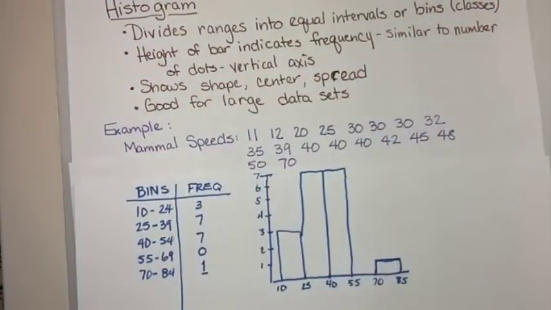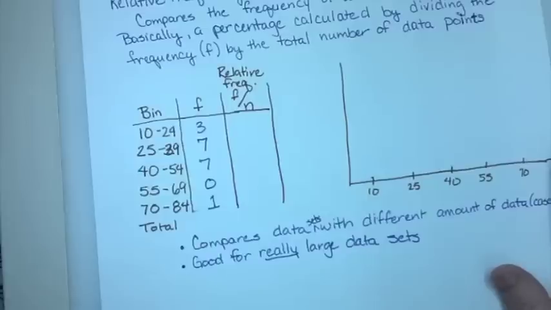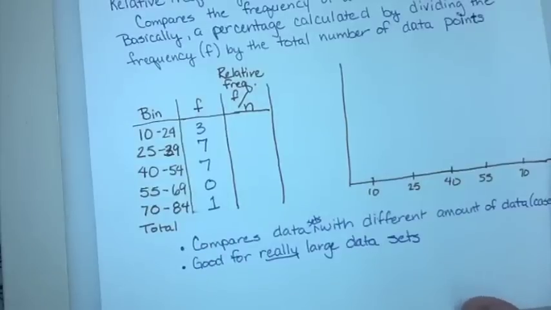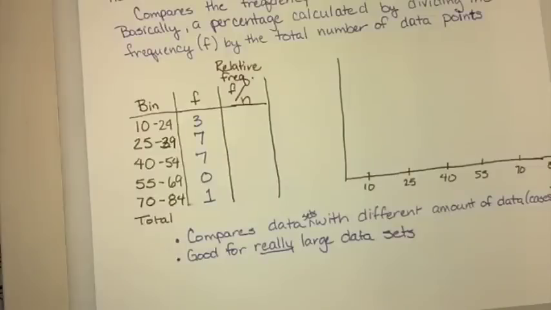If we were going to make a relative frequency histogram, we would have to figure out the relative frequency. So here we are. Relative frequency is often used to compare the bin to the whole data. If I had maybe mammals compared to reptiles or birds or something like that, it's better to put it in relative frequency because I might not have 18 birds or 18 reptiles.